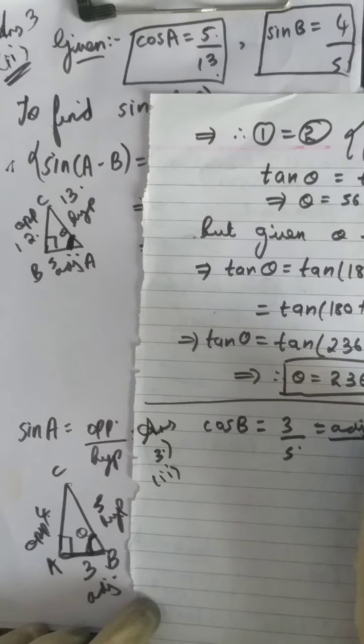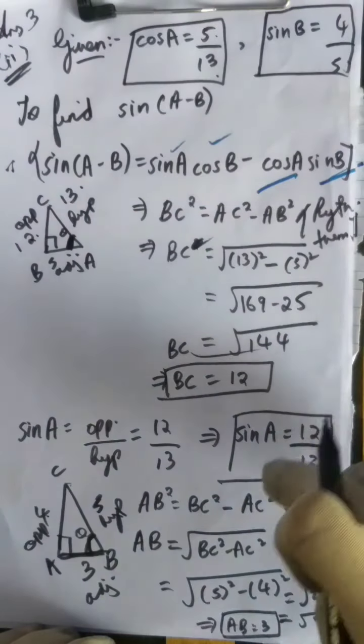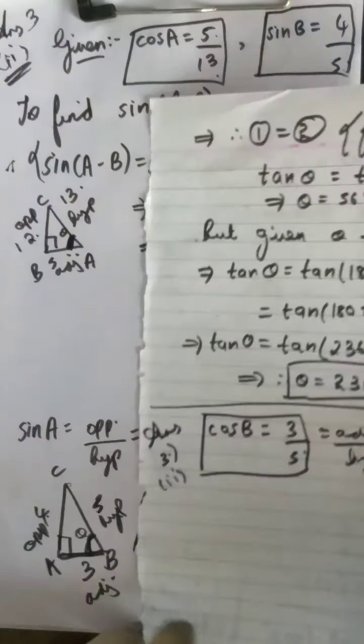So we have the value of cos A, the value of sin B, the value of sin A, and the value of cos B also.